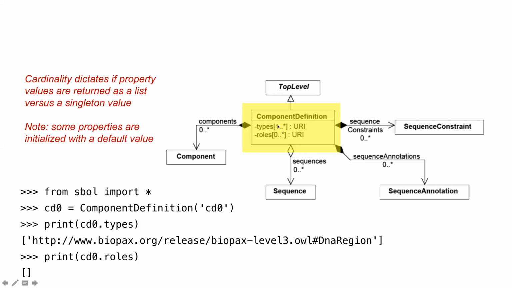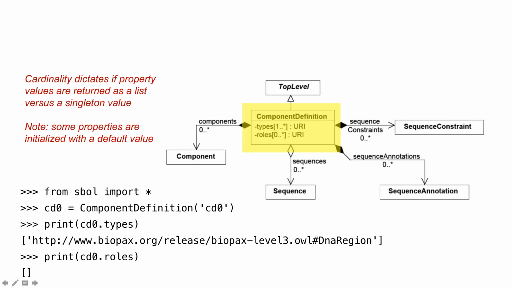Next to these fields there's the cardinality, and this relates to what I was saying before about required parameters versus optional parameters. This says that every component definition must have a types field specified, whereas a roles field is optional, so you don't have to assign it a value.